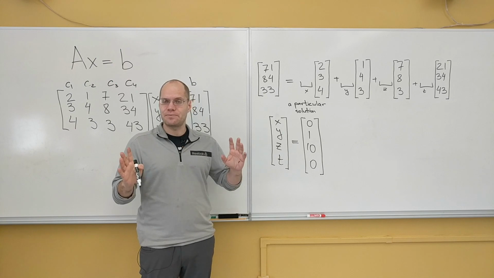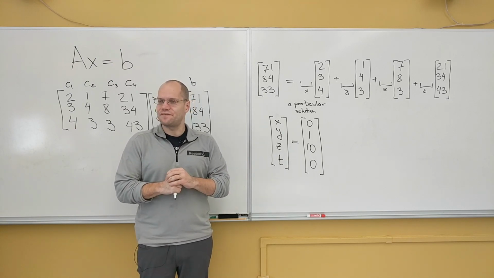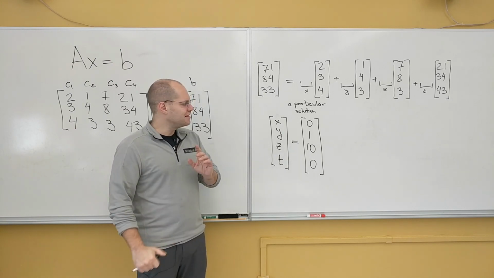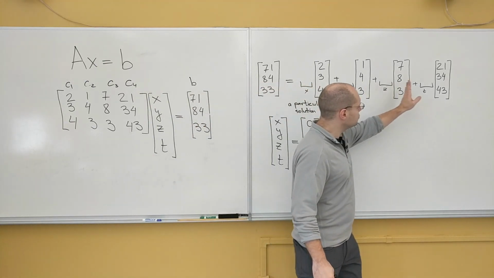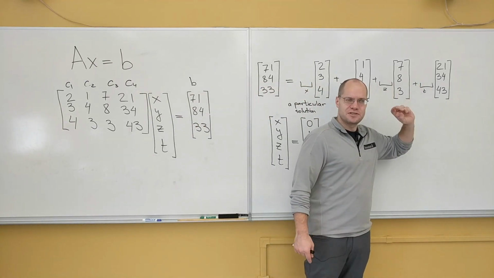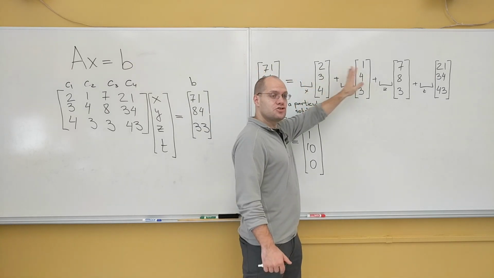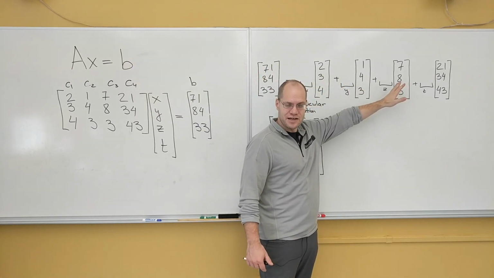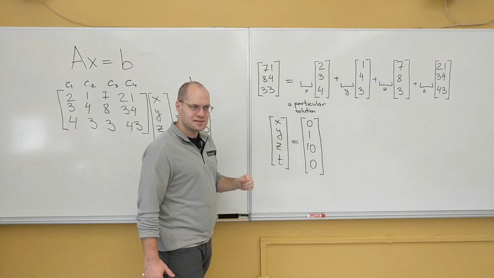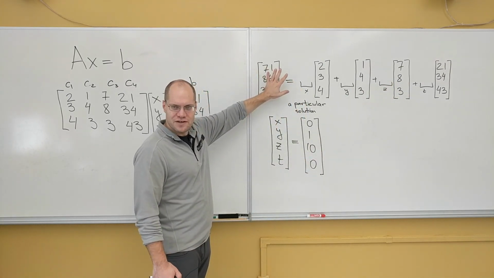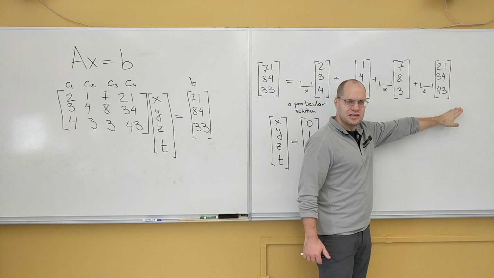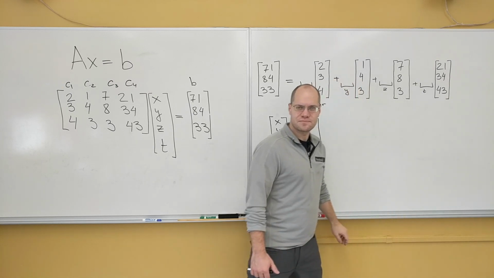And the key to capturing all of them is identifying the null space. The null space has to do with the relationship among these vectors. You see, a particular solution has to do with the relationship of the target vector to the decomposition vectors. But the null space has nothing to do with the target vector. It's all about the relationships among the vectors.